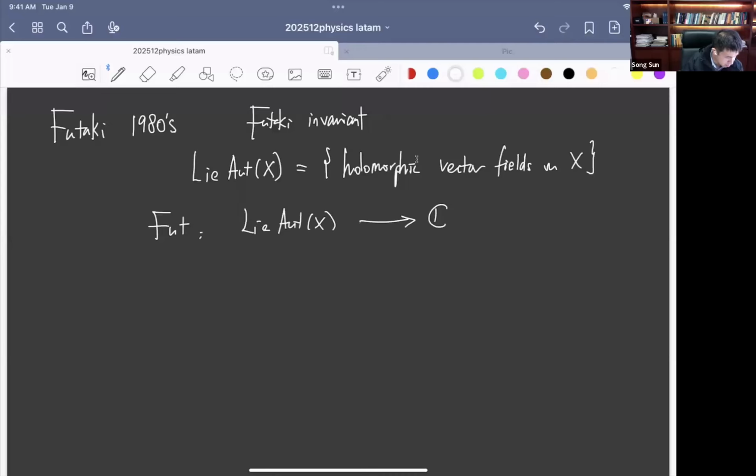where C is a trivial Lie algebra, the Lie bracket is trivial. So if you have a holomorphic vector field V, then you do the following. This is again X Fano, and you choose omega in the first Chern class of X. Because the first Chern class is positive, choose a Kähler metric.